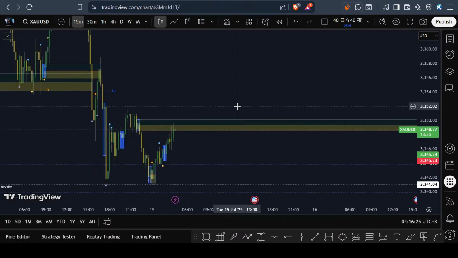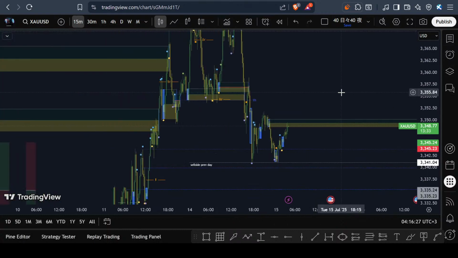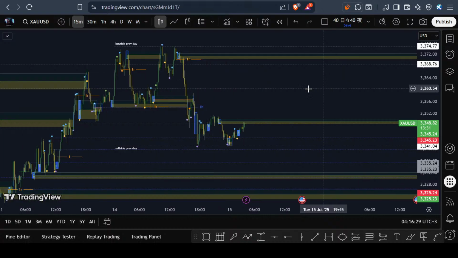Cool. So you may wonder why you're seeing these bubbles here: green bubble, orange bubble, purple, yellow one. Don't worry about that. That is basically coded in my strategy.